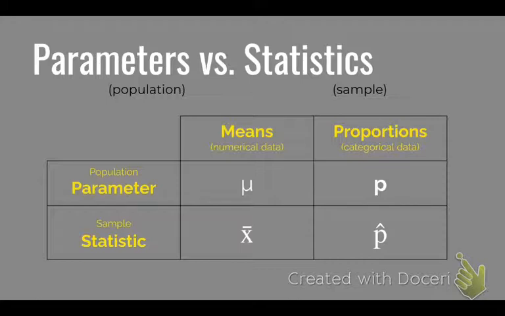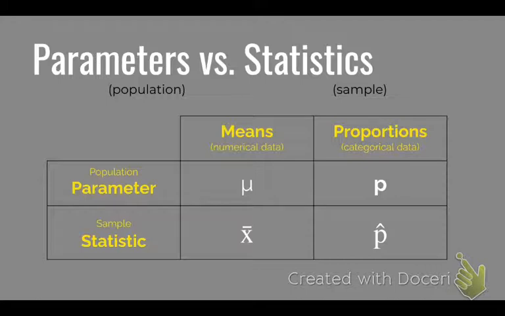And then because we never really can look at a full population, we use a sample to be representative of the population, and our notation for statistics is x bar for mean and p hat for proportions.